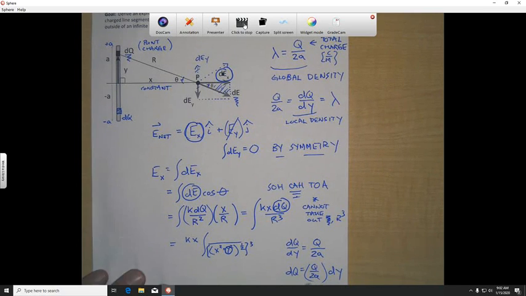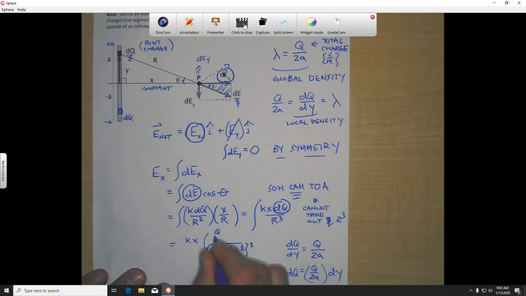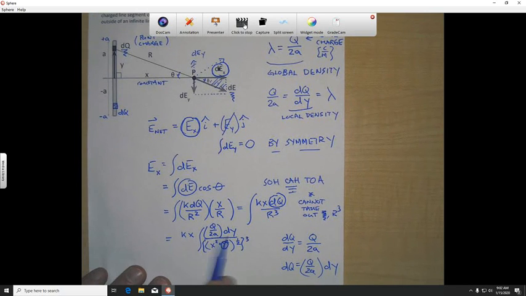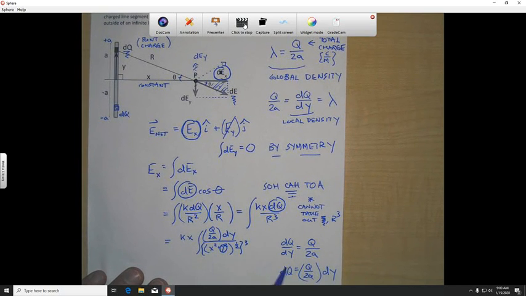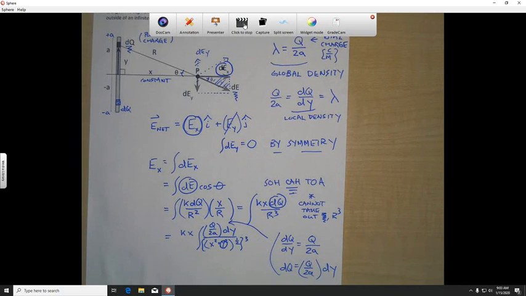And so I'll write it, and then you can hopefully see why this is a great thing. So again, I'm simply substituting. I'm kicking out dq, and I'm replacing it with the substitution that's over here. And the advantage to that is that I now have the integral in terms of dy, and I have y that's in the integral, and so I can actually go and evaluate, which is what I want to do.